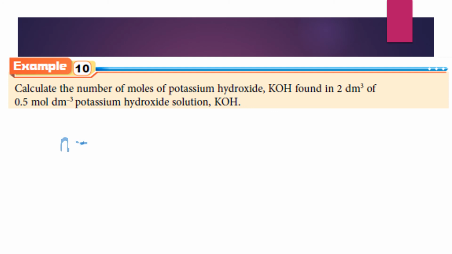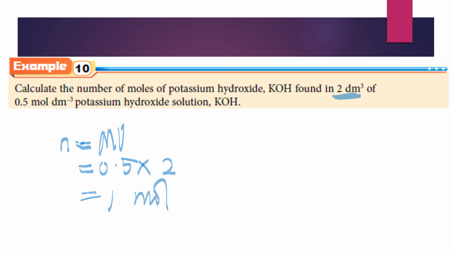So you use the formula N equals to MV. Because the volume is 2 decimeter cube, you don't have to convert into decimeter cube. If you have to convert, then you have to divide by 1000. So the molarity now is 0.5 times volume 2. Okay, so 0.5 times 2 is 1, and the unit for number of mole is mole, 1 mole.